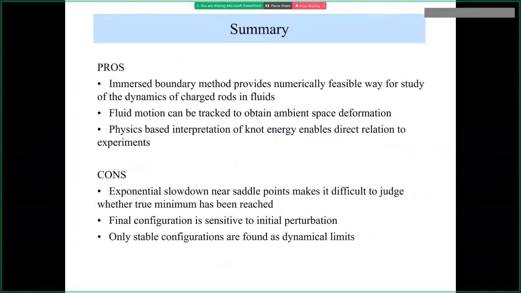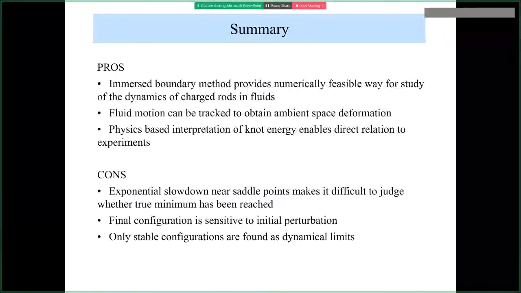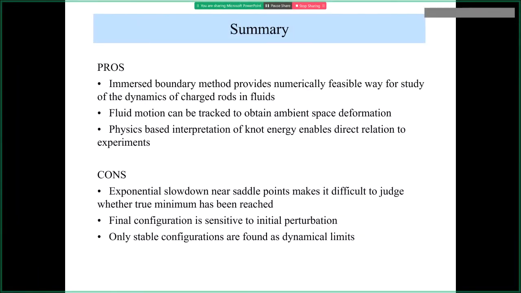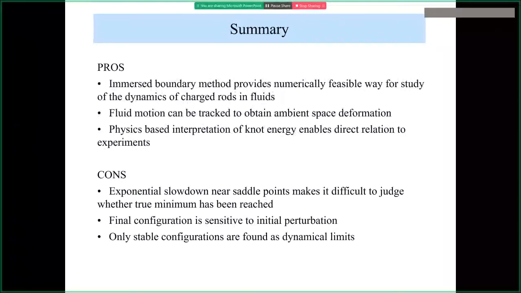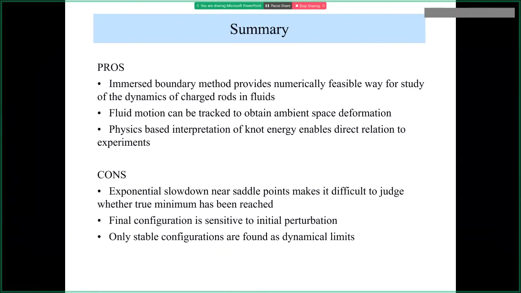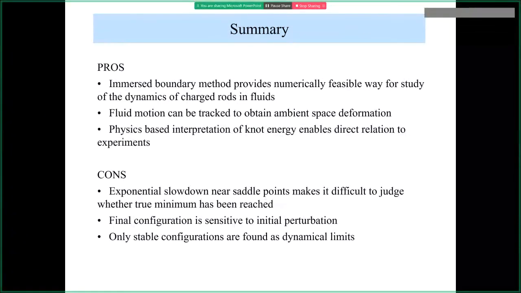So we believe that this dynamical simulation in a fluid is very similar in a way to what other people are doing, looking at gradient flows. You can relate the results we're seeing very much to those. We think it's an important method for studying configurations of charged rods in fluids, especially the DNA at high linking numbers.